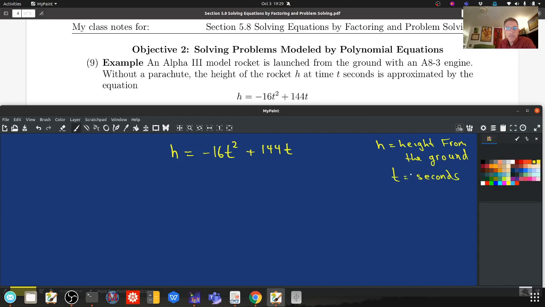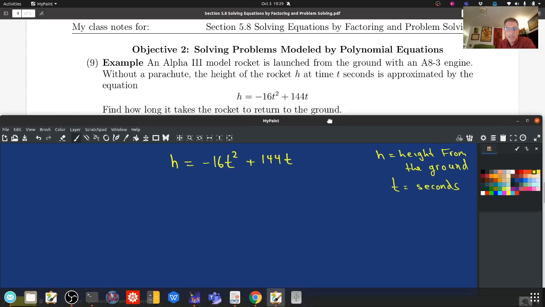So without a parachute, the height of the rocket h at time t is approximated by the equation. I got that. How long does it take the rocket to return to the ground? So my unknown is t. What is the height from the ground?